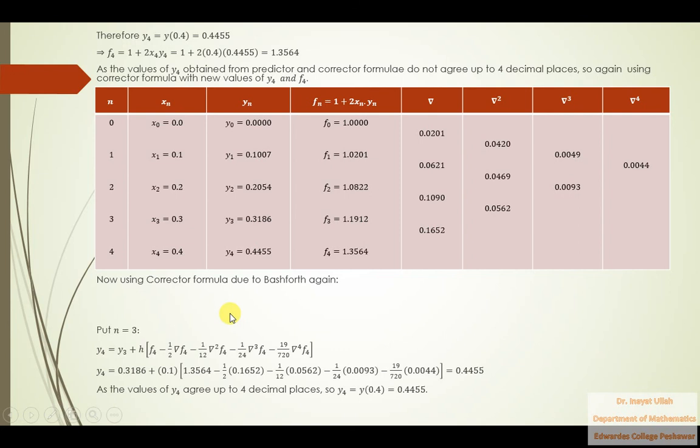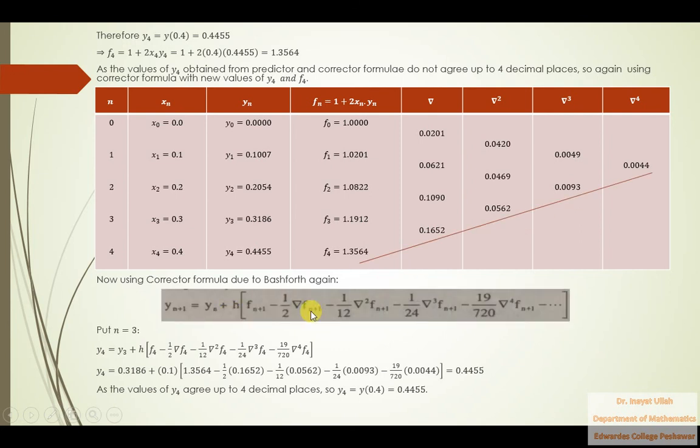Now again, using the Bashforth formula, put n equal to 3, and we'll get the same formula but with new values. y3 is the same, that is the old value, but new values of f4, nabla f4, nabla square f4, nabla cube f4, and nabla 4 f4.